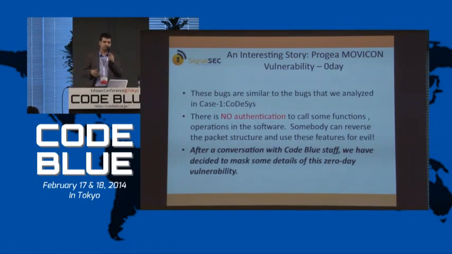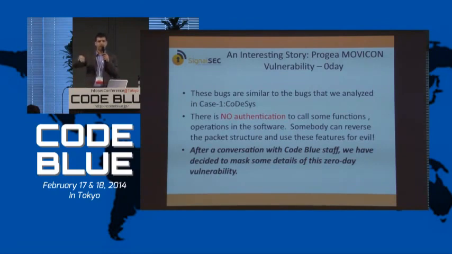After a short conversation with CodeBlue board members, we decided to mask and hide some details about this vulnerability because it is still non-patched. But you can understand that it is really similar to the CodeSys example.